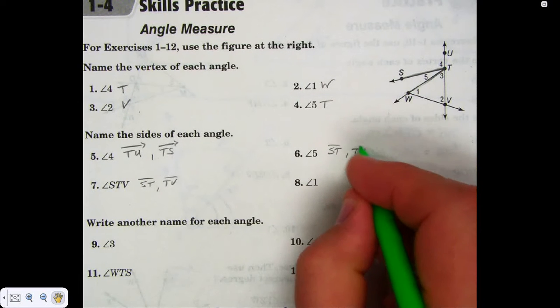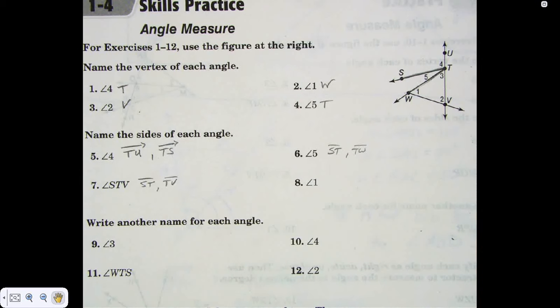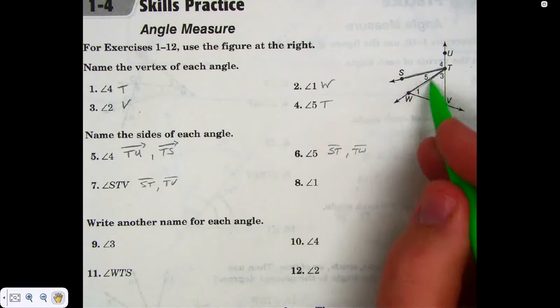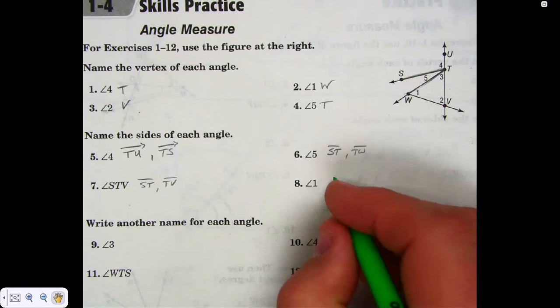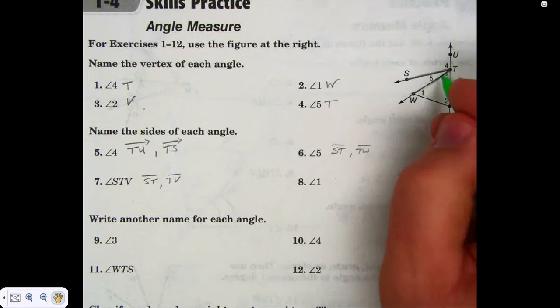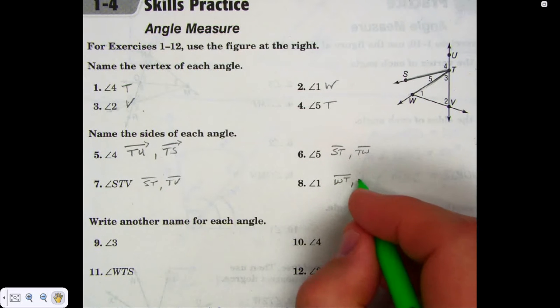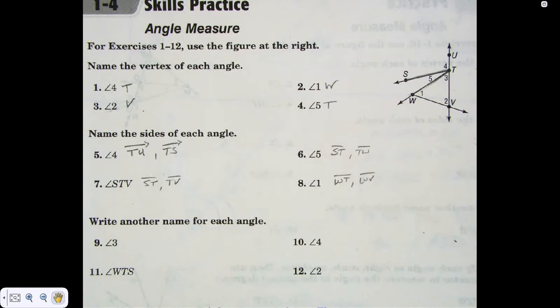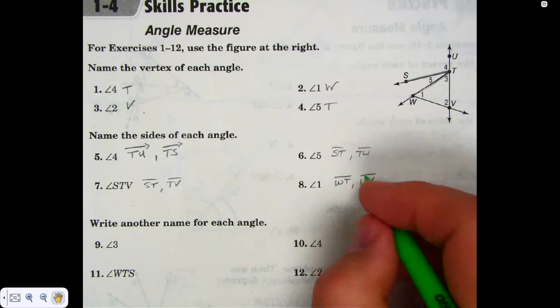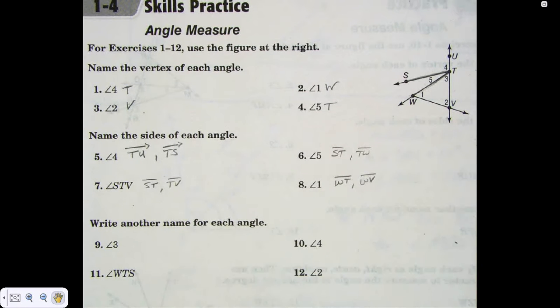TW. Angle 1. Give me a side. Segment WC. Any questions there? It's okay to have questions.